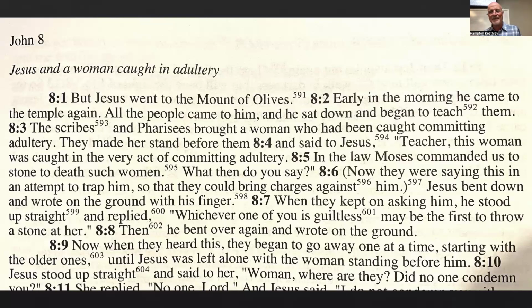So this passage kind of floats around in different parts of John. Sometimes it's in Luke, and in a lot of manuscripts it doesn't exist. So we think what happened here is that this is a true story that was being relayed orally, and at some point some scribe put it in the manuscript.